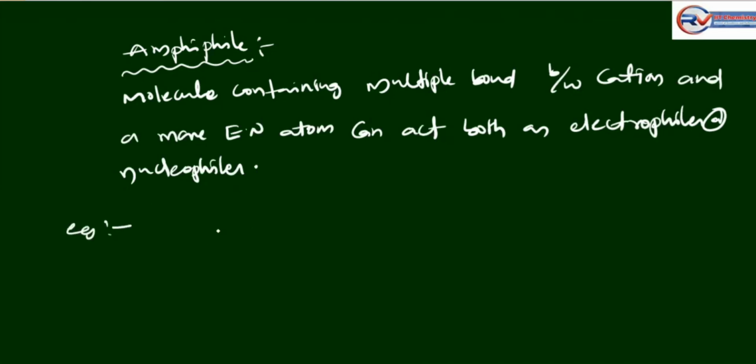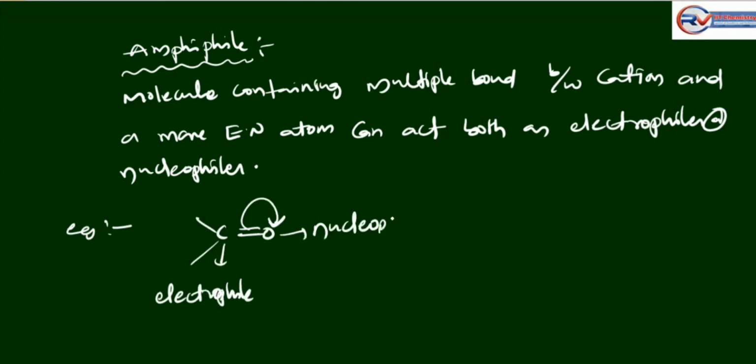Carbonyl, C=O. Here the pi electrons shift to oxygen, carbon gets a partial positive charge and oxygen gets a partial negative charge. Carbon is the electrophile, oxygen is the nucleophile. C=O is an amphiphile.